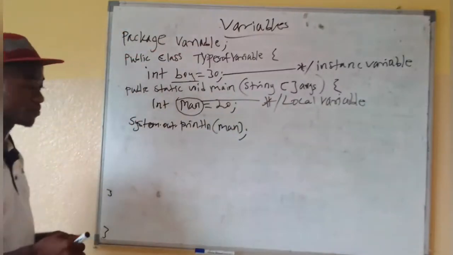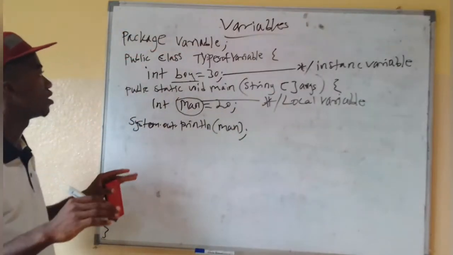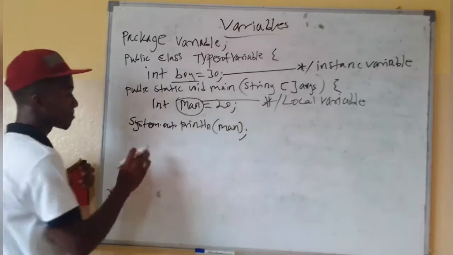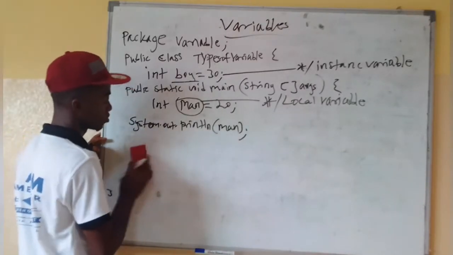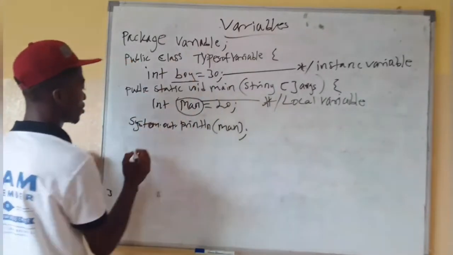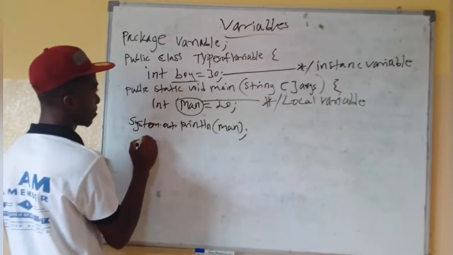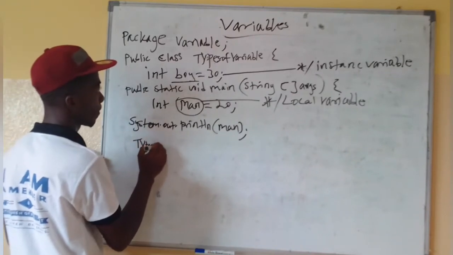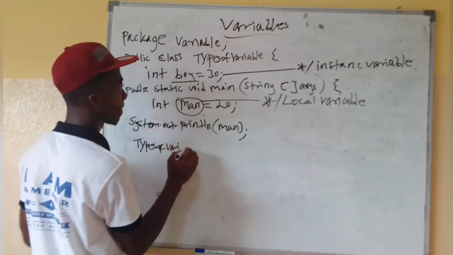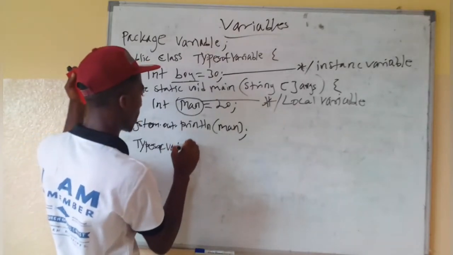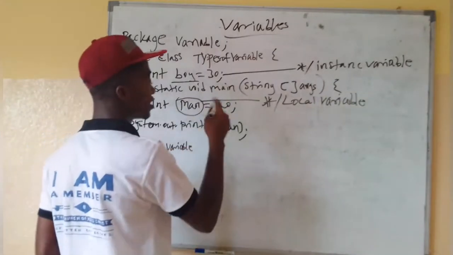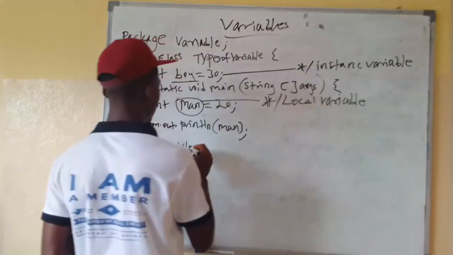Now, you're going to look for a very good and suitable name. For example, you take the name of this one. I'm going to say types of variable equals what? Now I'll create another new word by saying new.